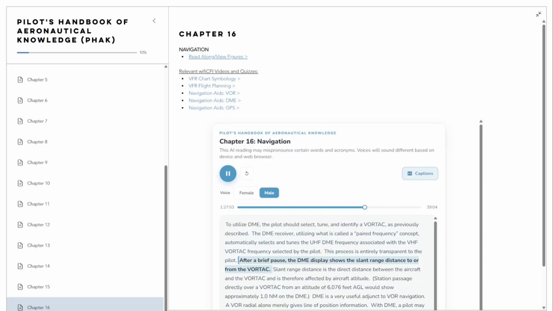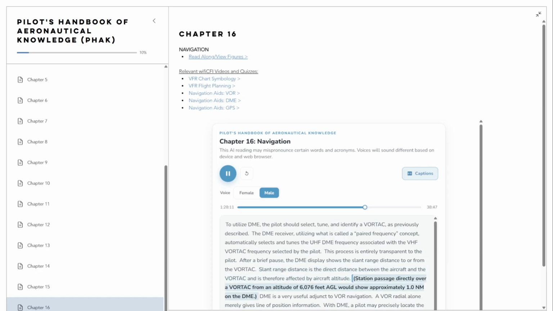After a brief pause, the DME display shows the slant range distance to or from the VORTAC. Slant range distance is the direct distance between the aircraft and the VORTAC and is therefore affected by aircraft altitude.